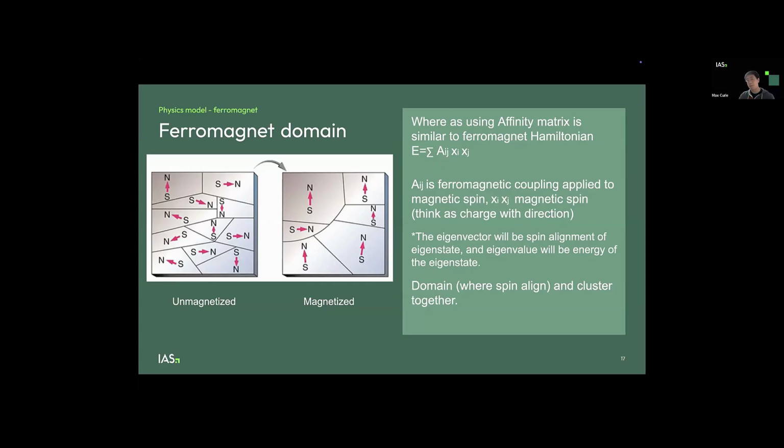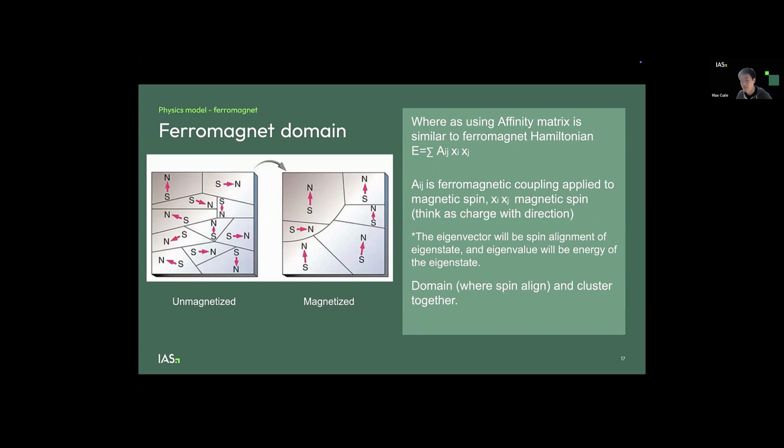Traditionally, the reason why people use the Laplacian for spatial clustering is partially because the affinity matrix is messy.